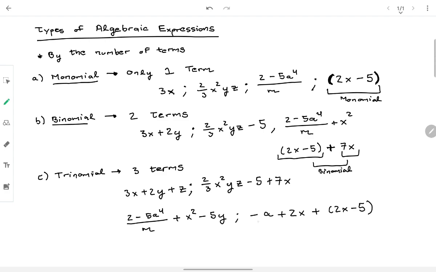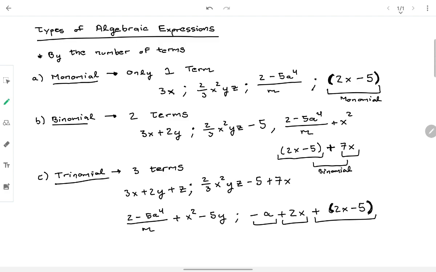This will be also a trinomial because we have here a monomial, here a monomial, and here a monomial. So when we have something in parentheses, remember we can treat it as a monomial. So this will be a trinomial.